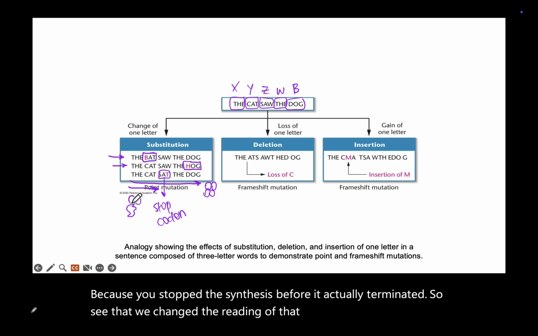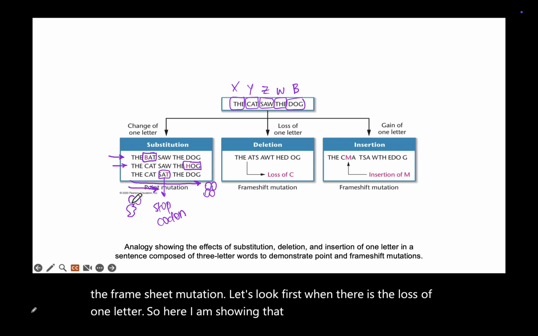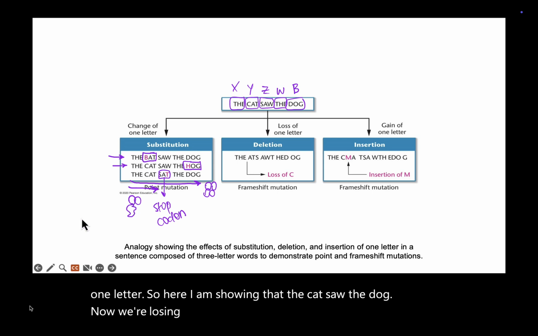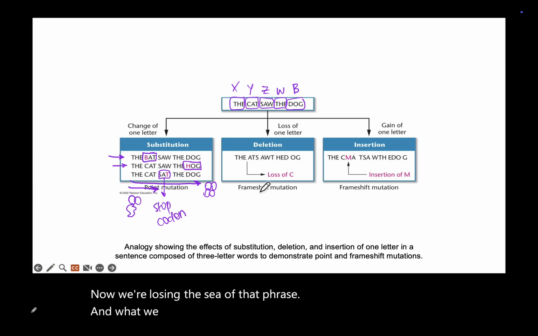Now let's look at the frameshift mutation. Let's look first when there is the loss of one letter. So here I am showing that the cat saw the dog. Now we're losing the C of that phrase, and what we have now is the ats. Look at this.